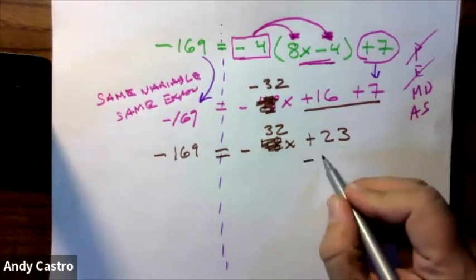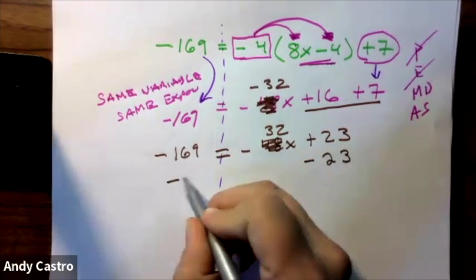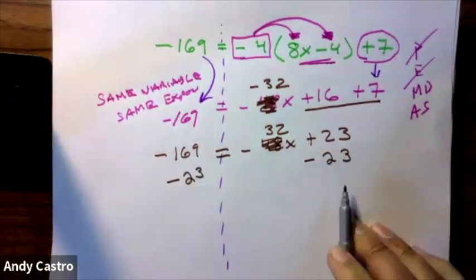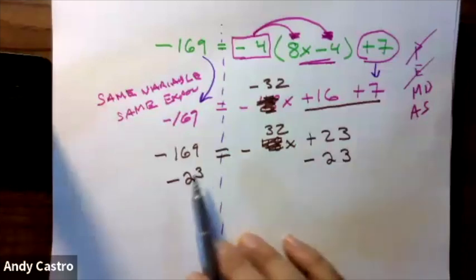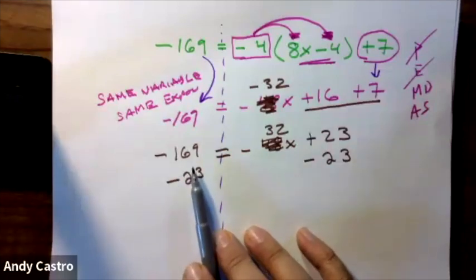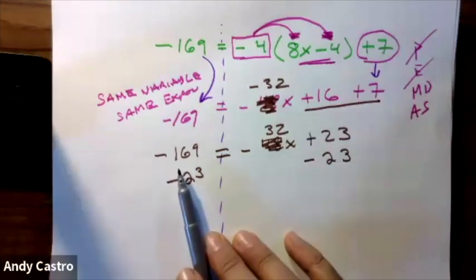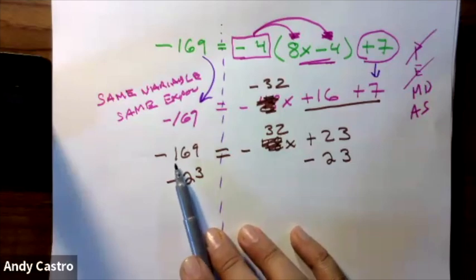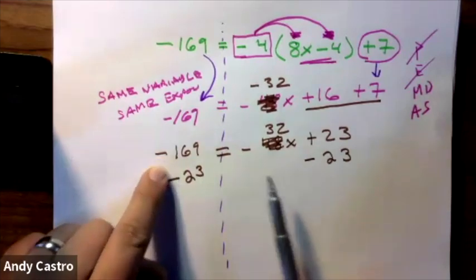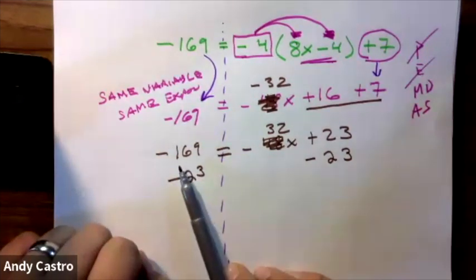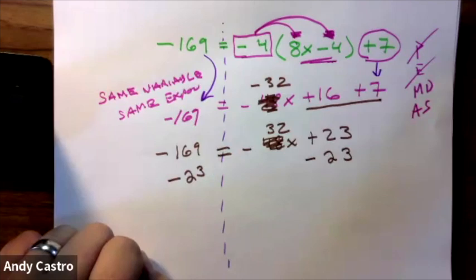Now I am going to subtract 23 from both sides. Because remember, I can add, I can subtract, I can multiply, I can divide anything I want from those two sides. So if I subtract 23 from negative 169, be very careful here, because it would be easy to miss the fact that that's a negative sign there and simply subtract 23 from positive 169.